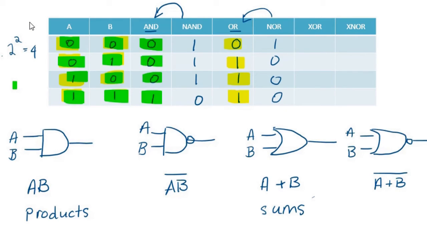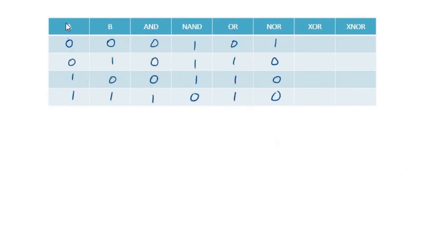Let's clear this and have a look at the XOR gates. All right, XOR for two inputs A and B will look like this, much like the OR gate, but with an extra arc at the back. So for inputs A and B, what are our outputs? XOR is a little bit different from OR because it is the exclusive OR rather than the inclusive OR.